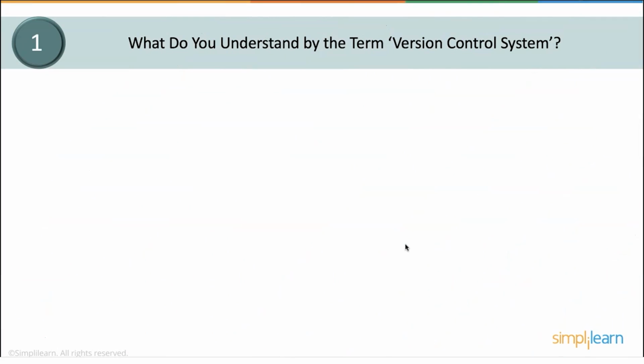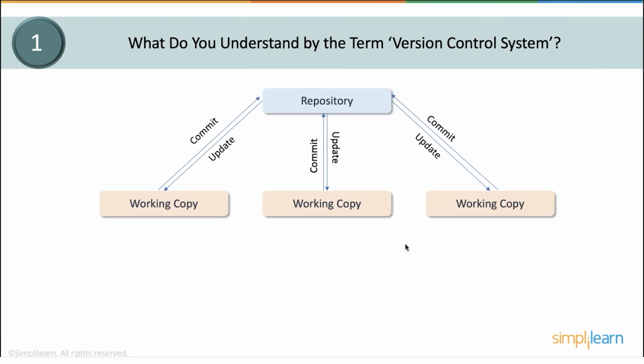So we are going to talk about the version control system first. What do you understand by a version control system? As we know very well, a team which works in different environments, on different computers, wants to store their work in a centralized repository system, so that they can keep track of what they have done, understand who made the updates and when, and roll back in case some problem comes up.